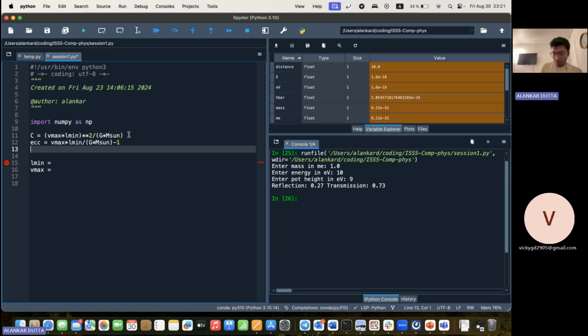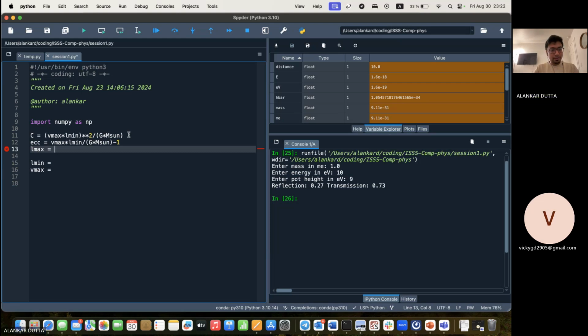Okay, so now you have C, you have the eccentricity, which is Vmax times Lmin over GM minus 1, and now you can find out Lmax, which is the distance of the aphelion.